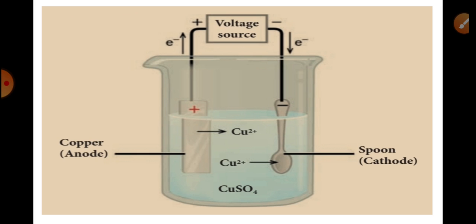And when the electric current is passed through the copper sulfate solution, you will find a thin layer of copper metal is deposited on the iron spoon and an equivalent amount of copper is lost by the copper plate.